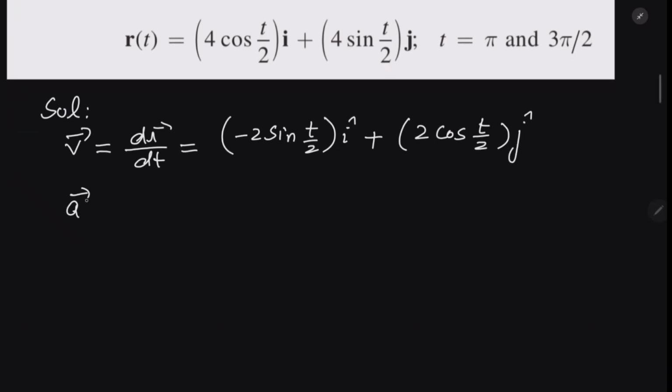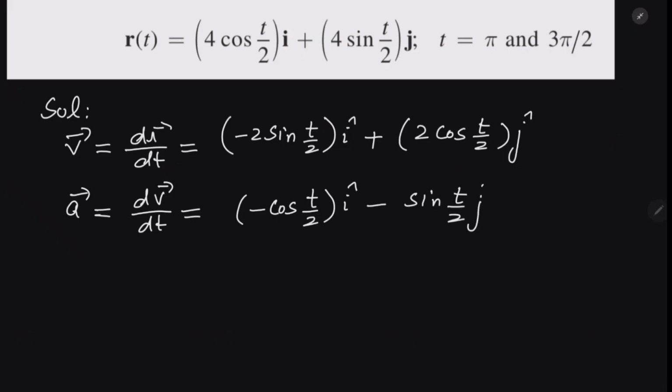Similarly, acceleration, dv by dt, and we find the acceleration: minus cos t by 2 i minus sine t by 2 j.